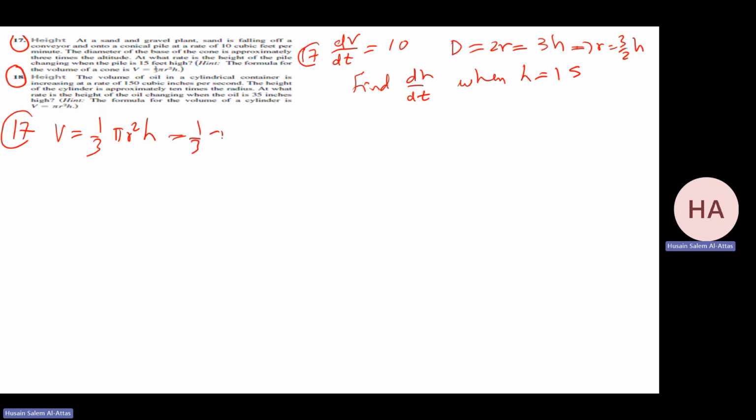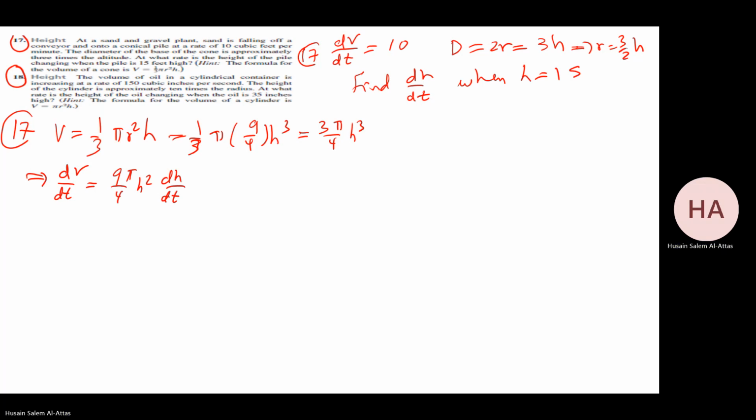That will be 1 over 3 pi, r squared is 9/4 h squared, times h, that will be 3/4 pi h cubed. So dV by dt will be 9/4 pi h squared dh by dt.